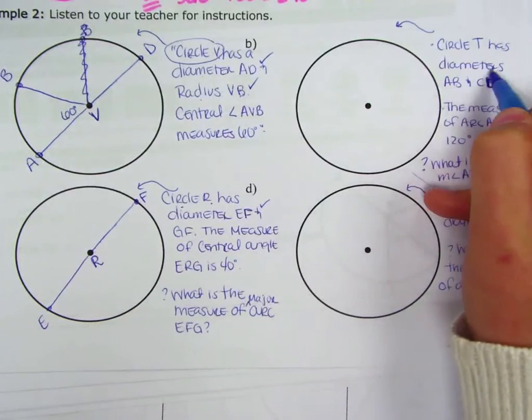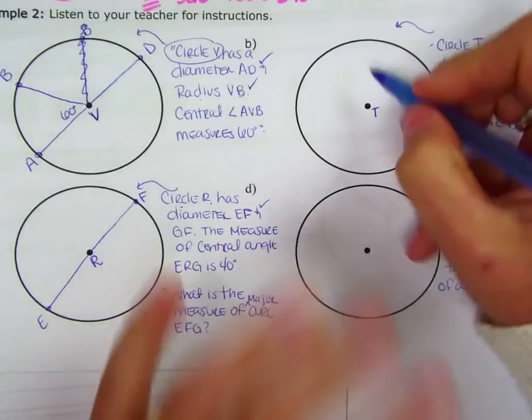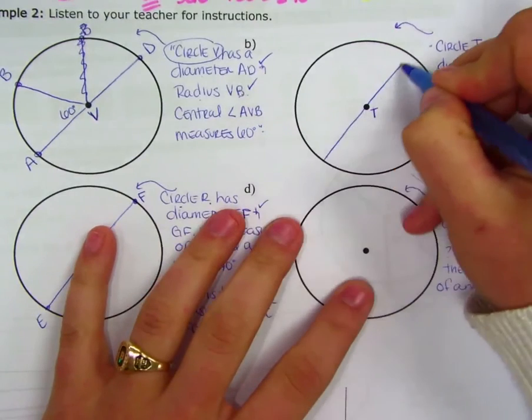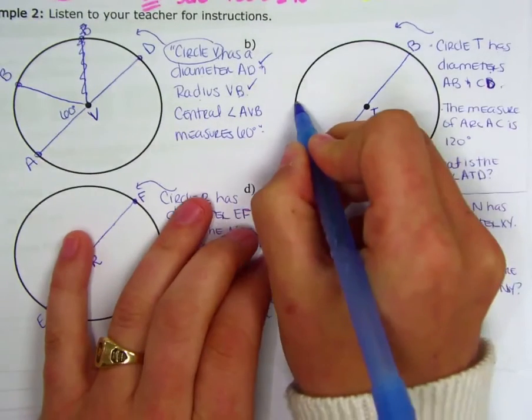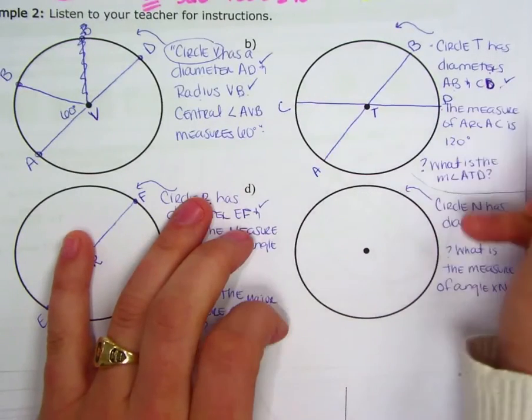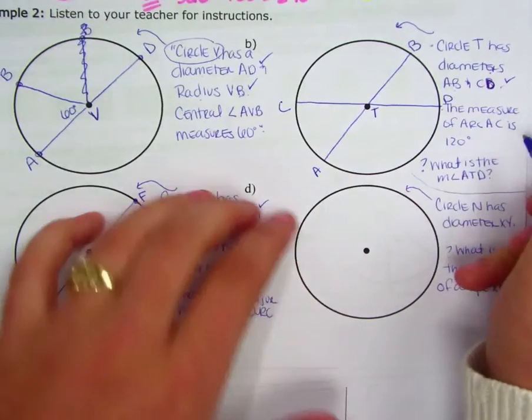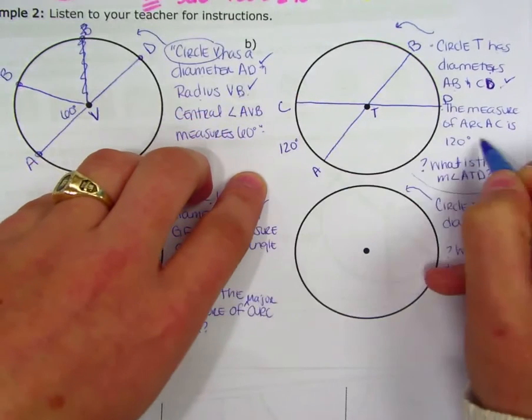Circle T has diameters AB and CD. The measure of arc AC, this one, is 120. My picture doesn't match, but that's okay.